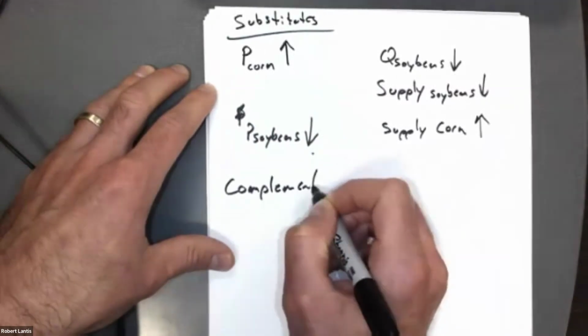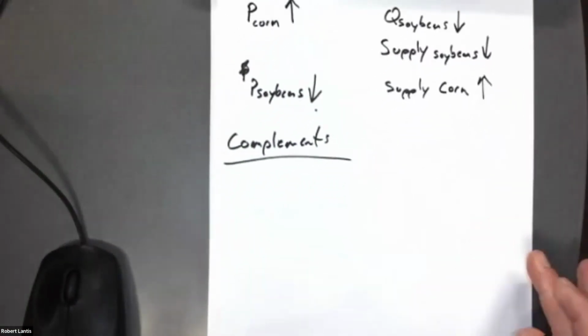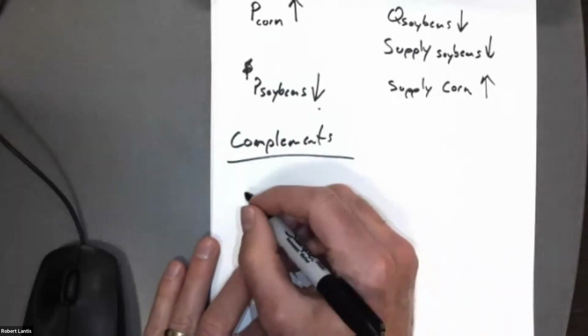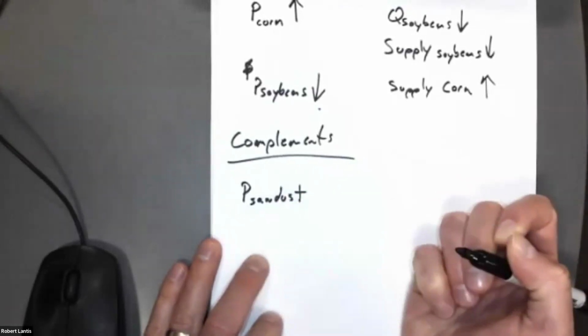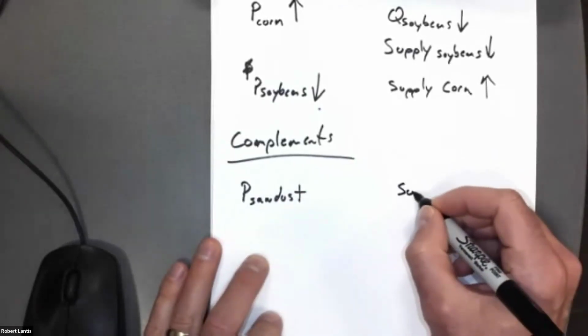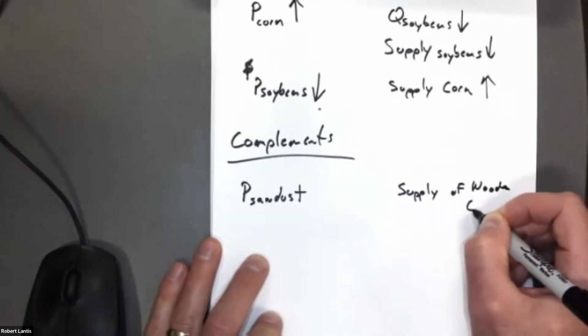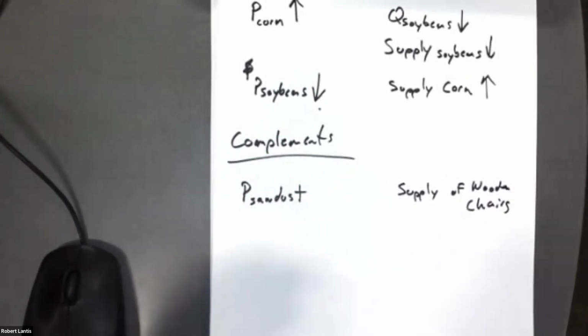Now, we have complements in production. I used to use this example, which was kind of goofy: sawdust. If I'm thinking about the supply of wooden chairs, inherently, to produce something out of wood, to cut the wood, I'm going to get a byproduct, which is sawdust.